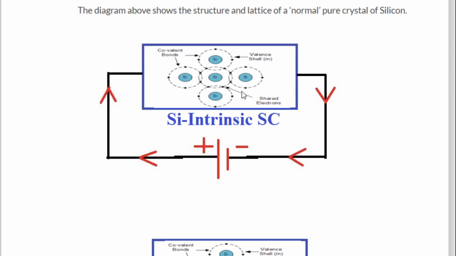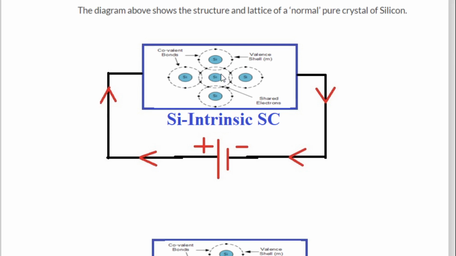This square box has a semiconductor material, and when you apply electric energy, because of this electric potential, that is the voltage of the battery, the electrons start flowing from negative to positive, but our conventional direction is from positive to negative. This electric voltage of the battery is used to break the covalent bond.